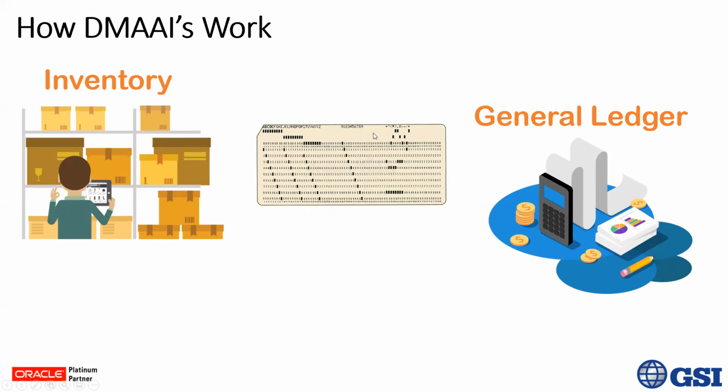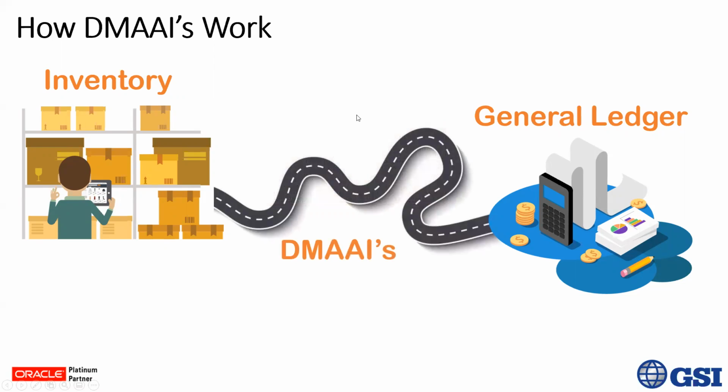Now, with more automated ERP systems such as JD Edwards, these punch cards are replaced by something called DMAAIs, or distribution manufacturing automatic accounting instructions. That group of people who used to collect the punch cards and then manually key transactions into the general ledger don't have to do that anymore. That's the purpose of DMAAIs.